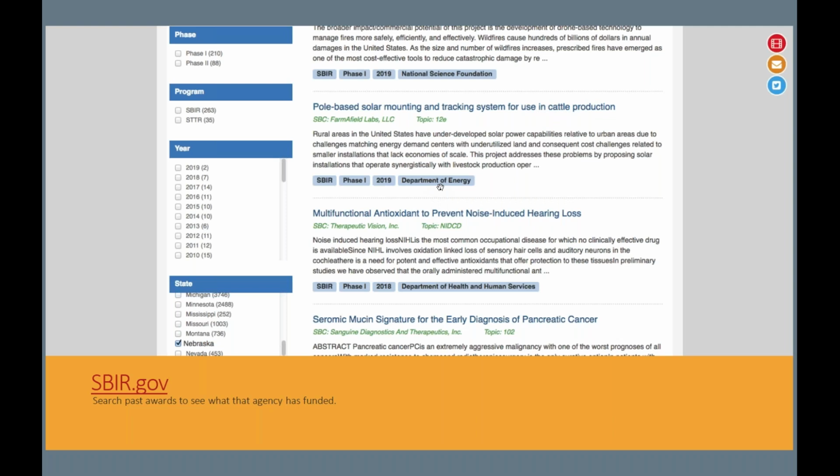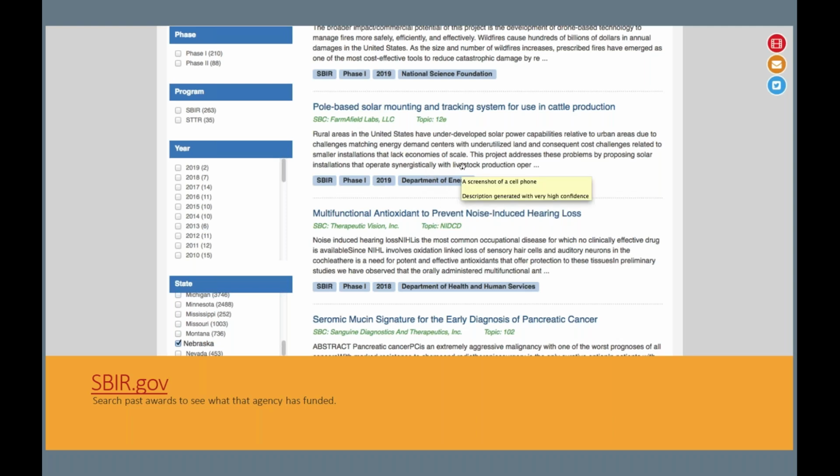Except, I would guess, the Department of Energy was interested in the pole-based solar, which is what provides the energy to this system, photovoltaic or something like that. And so that must be the Department of Energy's interest in this and why they funded it.